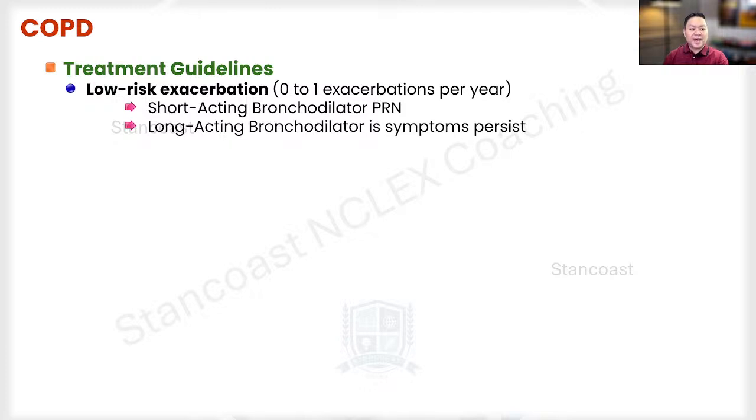Now, what's the benefit of using the long-acting bronchodilator? Well, these are going to provide the patient much more sustained relief. Why? Well, of course, this is a long-acting, right? When you're talking about the long-acting, the drug action will be delayed. However, the duration of the drug action will be much more sustained.